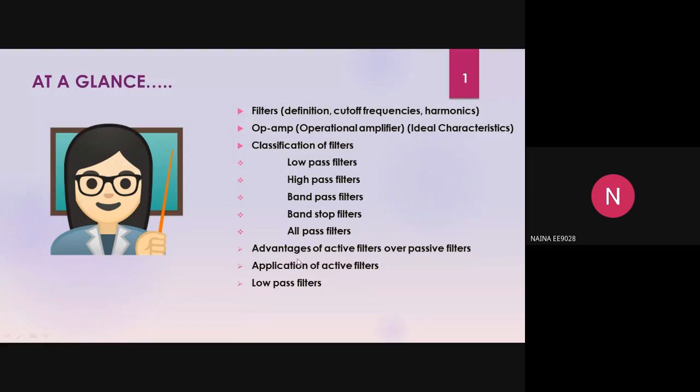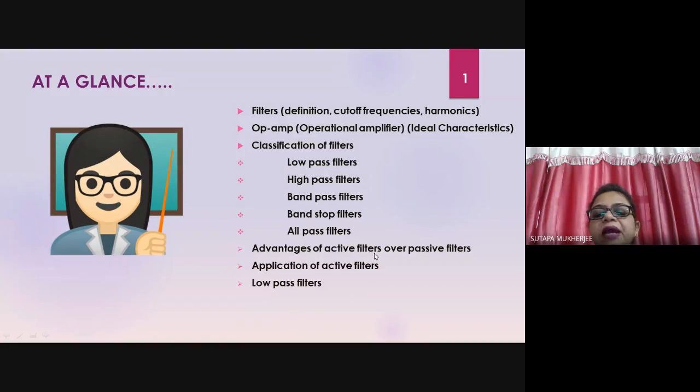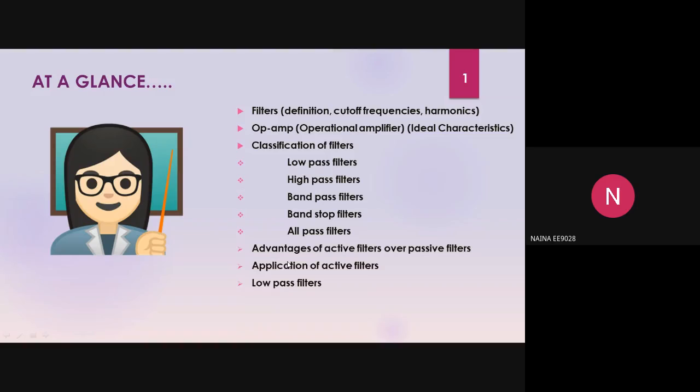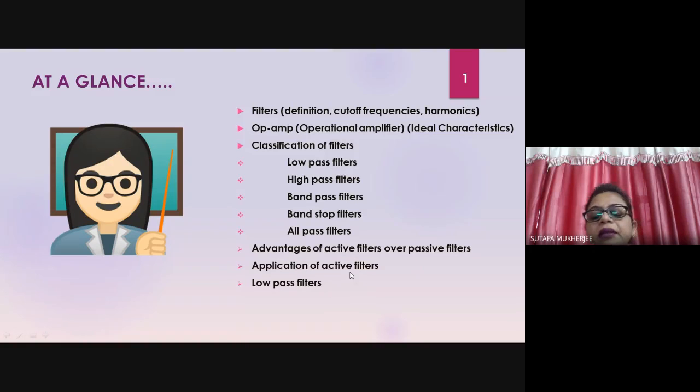Advantages and applications also we have done. Yeah. Then ultimately we have explained low pass filter, and in the next class we will explain why it is called low pass on the basis of the frequency from gain with reference to the frequency, right?